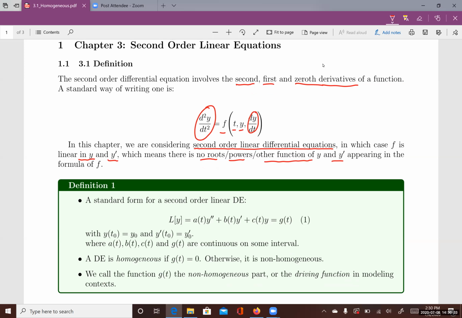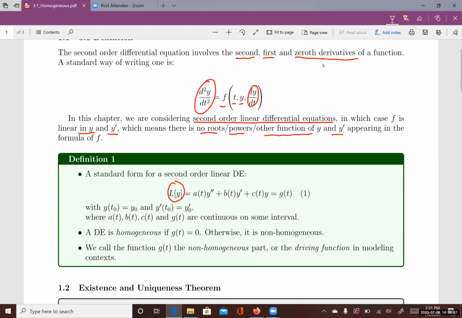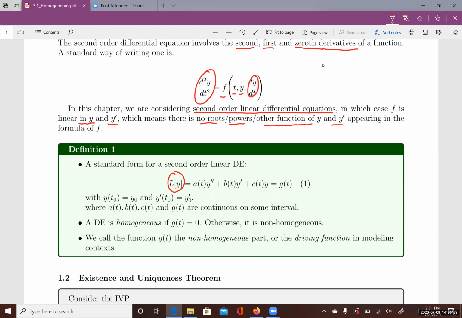The standard form for a second order linear differential equation is usually written with L bracket y, meaning the linear differential operator on the function y, equals a of t y double prime plus b of t y prime plus c of t y equals g of t, where a of t, b of t, c of t, and g of t are continuous functions on some interval.